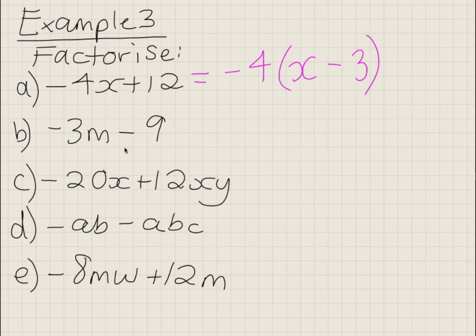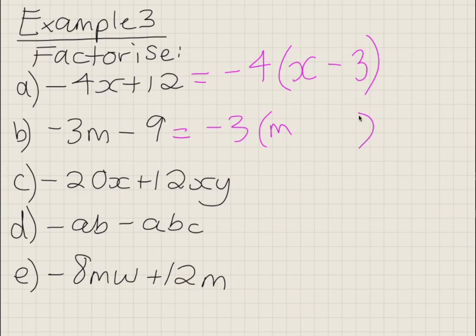In part B, the highest common factor of 3 and 9 is 3. And the first term is negative, so pulling the minus sign out with the number at the front. Minus 3 bracket. Minus 3 times what gives minus 3m? Well, that would be m.